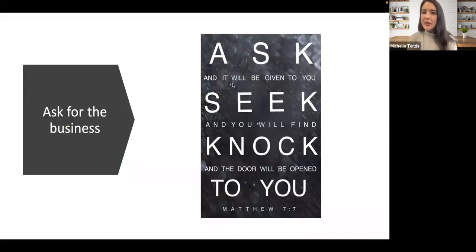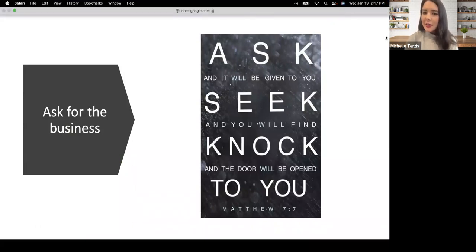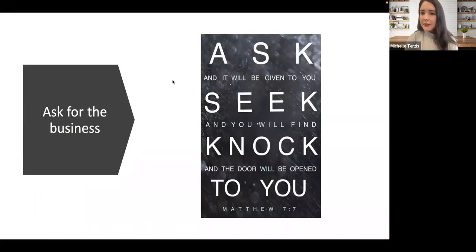And make sure you ask for the business. This is a quote on the right that I heard from Bold four years ago, and I keep it in my journal. It says, ask and it shall be given to you. Seek and you will find. Knock and the door shall be opened to you. So many times people ace the entire listing presentation. They do a fantastic job pre-qualifying, but then they don't ask for the business.